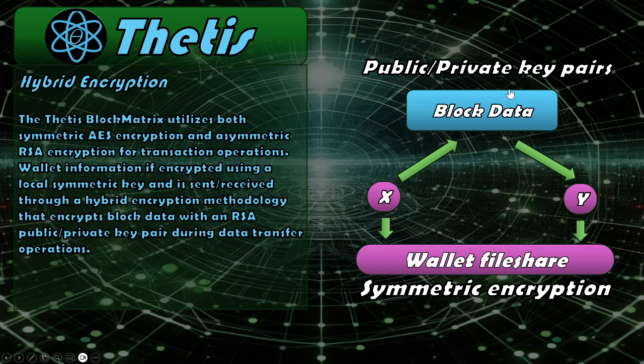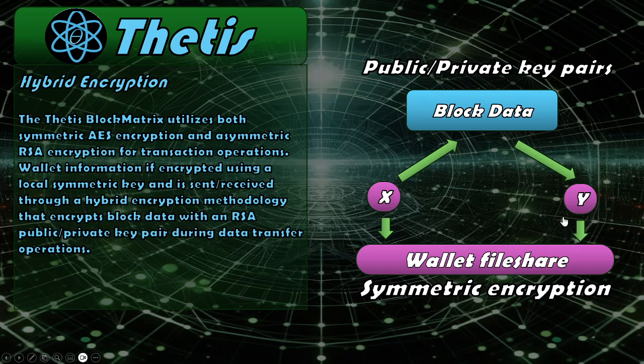When I want to send something to Y from X, I call up to my wallet file share, so I'm going to the cloud and getting my wallet object. I decrypt it with my symmetric key, and I then send the appropriate data, which is in a decrypted state only temporarily, for a very brief amount of time. It immediately is encrypted with the public key of Y, and then I send the block data to him.